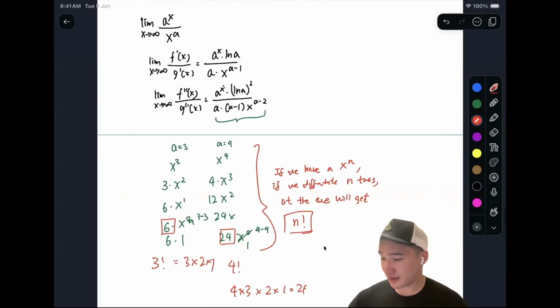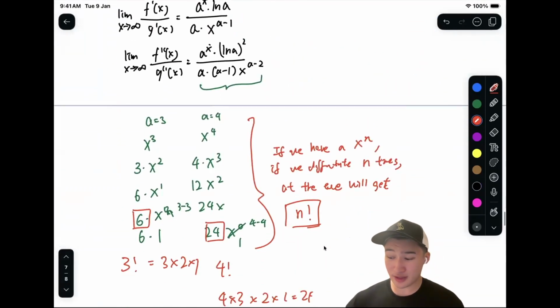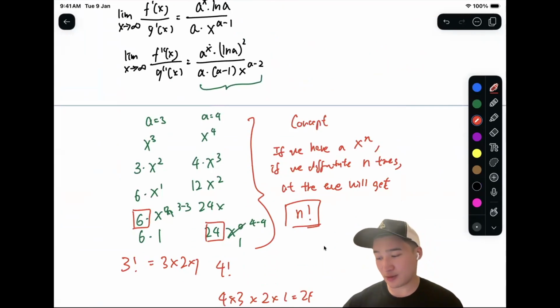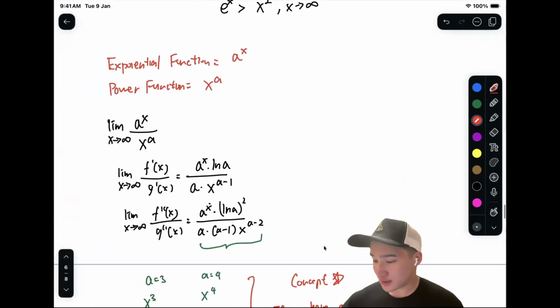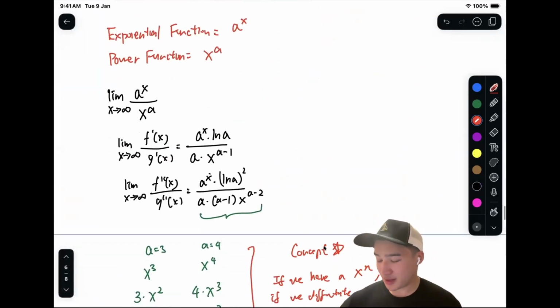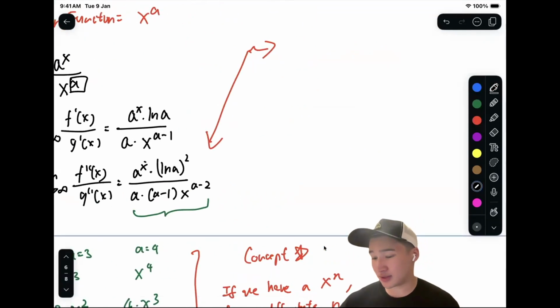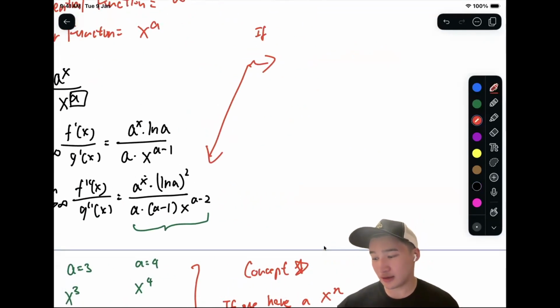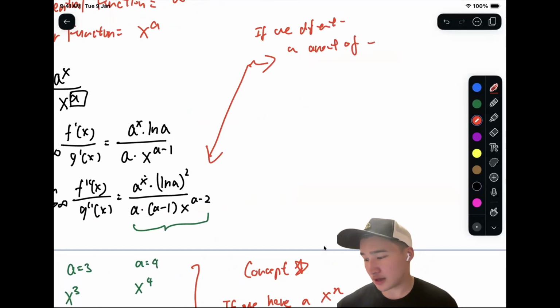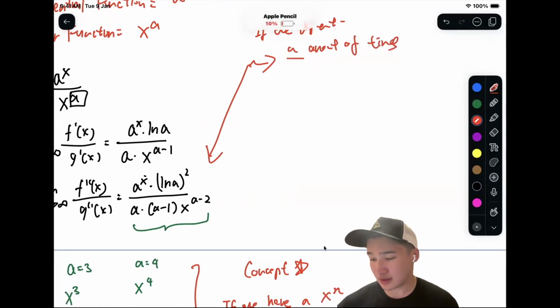So back on this concept, well, this is really important concept number 1. Now we know what happens with power function. And so if we bring this up here, what we're going to get, and we don't know how many times we're going to have to differentiate, but we know that if we differentiate a amount of times, we're going to get something like this.